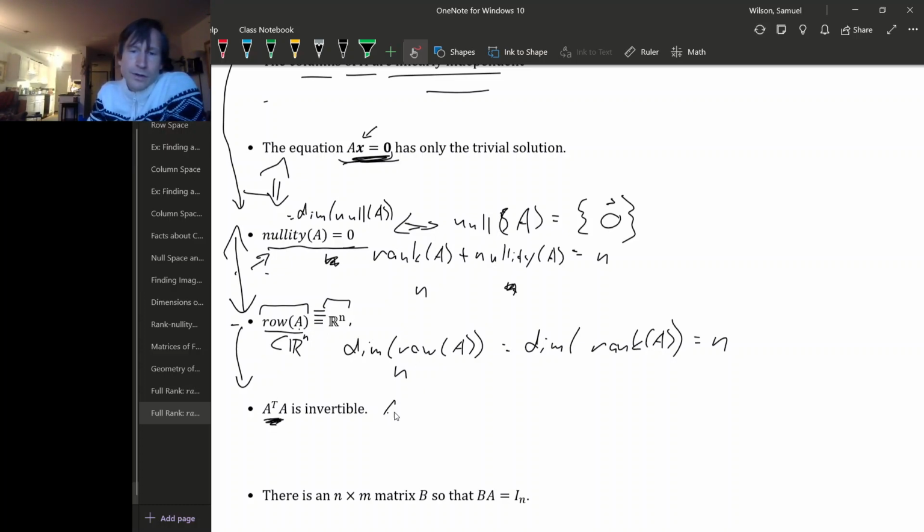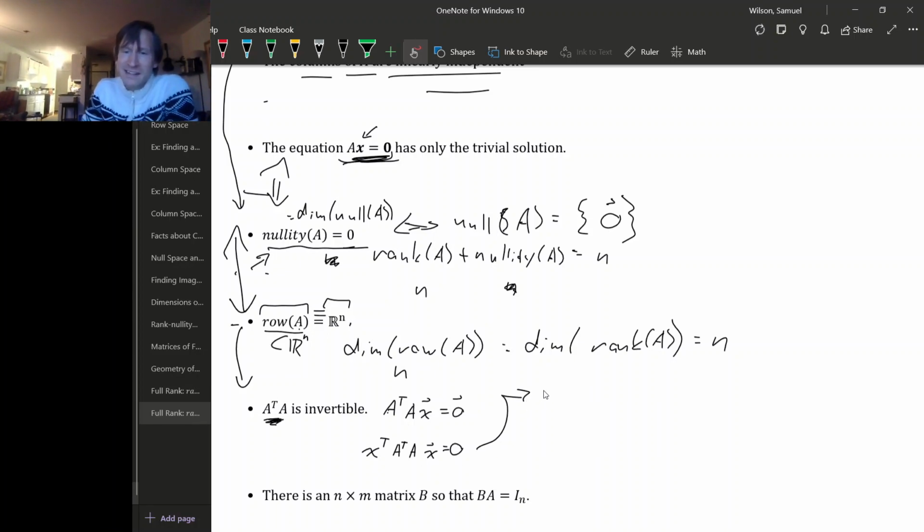So let's suppose we have some solution to this equation, A transpose A X equals the 0 vector. We're going to play the same game as we did with the other flavor of full rank. Multiply this equation on the left by X transpose. We get X transpose A transpose A X equals 0.